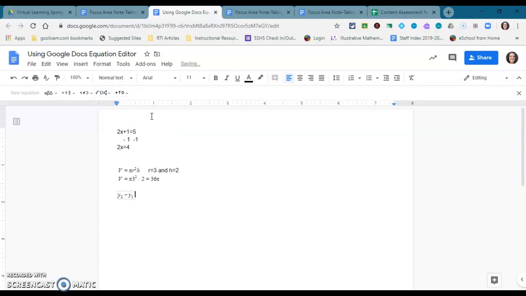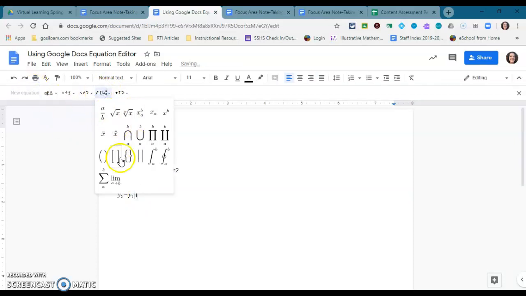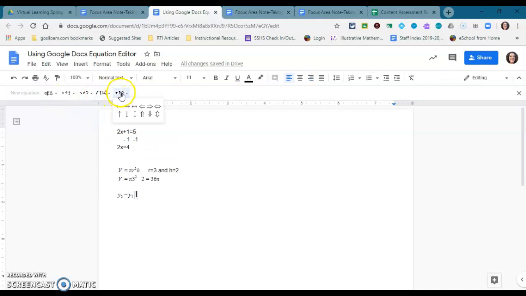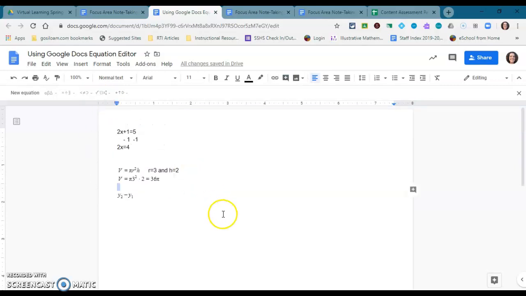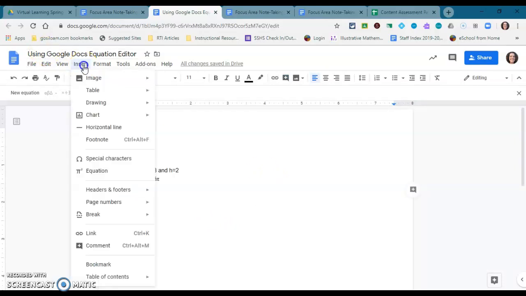Of course the whole slope formula has more than that, but that would be the top part of it. So those are some of your symbols there. And then the very last one is arrows, which depending on what you're doing, you may or may not need. Okay, so that's a little crash course on how to use the equation editor in Google Docs.